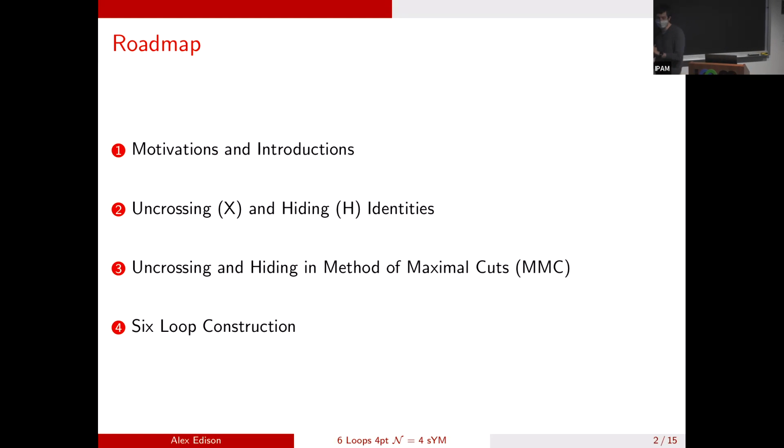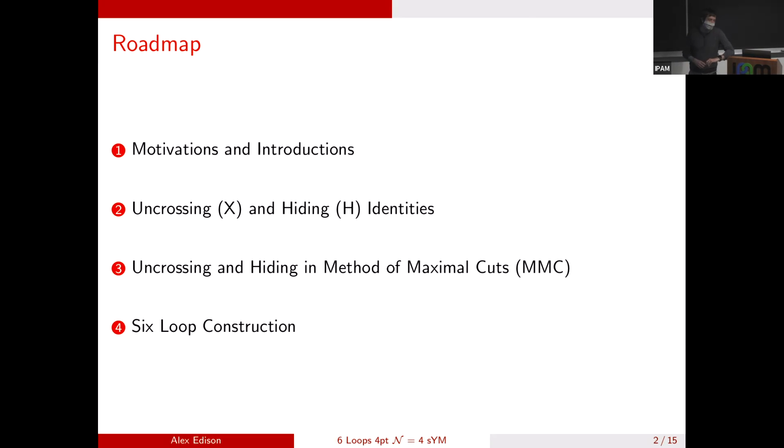So the general outline of what we're going to be talking about is first some motivations and introductions, then some interesting tree identities that are very simple observational tree identities that turn out to be very powerful when you start embedding them inside of loop diagrams, thinking about them in terms of cuts, and then applying them inside of the method of maximal cuts.